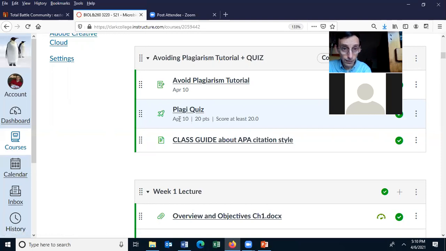However, you can take this quiz multiple times, something like between 5 and 7 times. Then there's a link that will help you with the plagiarism quiz and the Avoid Plagiarism tutorial, and a class guide on how to use APA citation styles.